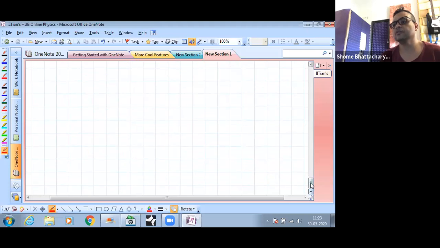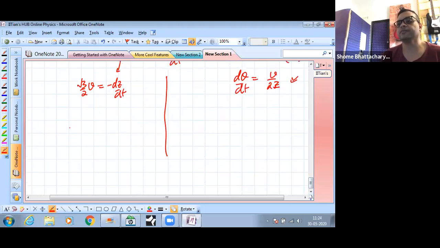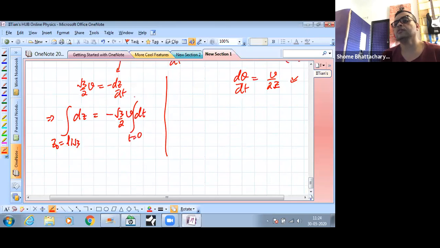So these two equations we will have to handle simultaneously. From the one on the left, we'll get z as a function of time. So dz is equal to minus root 3 by 2 v dt. Now integrate this from the initial value of z, which was L by root 3, to some instantaneous value, which is z. So you'll see z minus L by root 3, we'll take the minus sign later, equals minus root 3 by 2 v t.